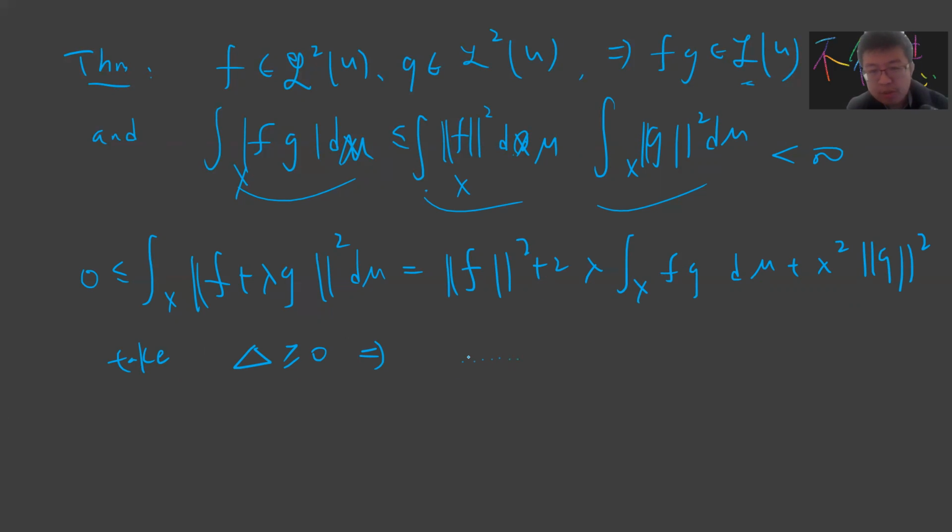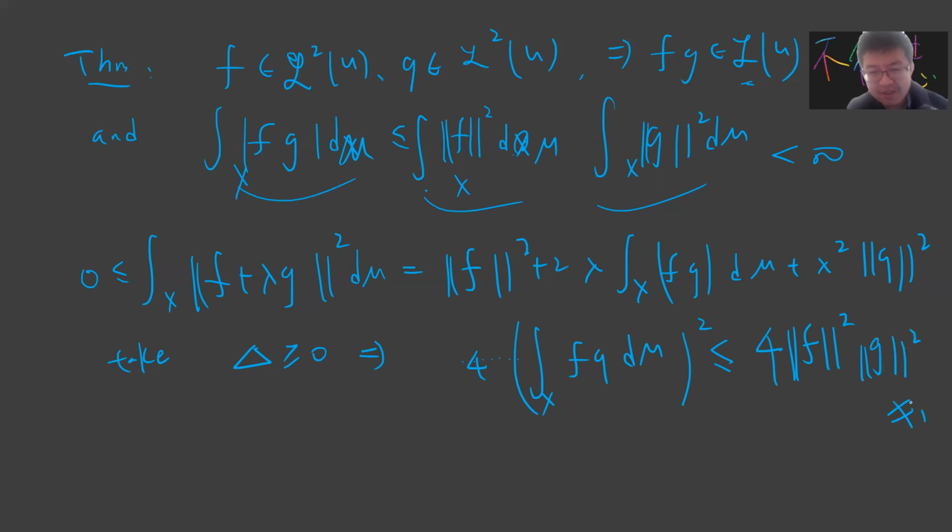Let me just do a computation. So this is the absolute value, and you get 4 times the integral of fg d mu of x. So b squared is equal to what? b squared is equal to 4 times ac, right?